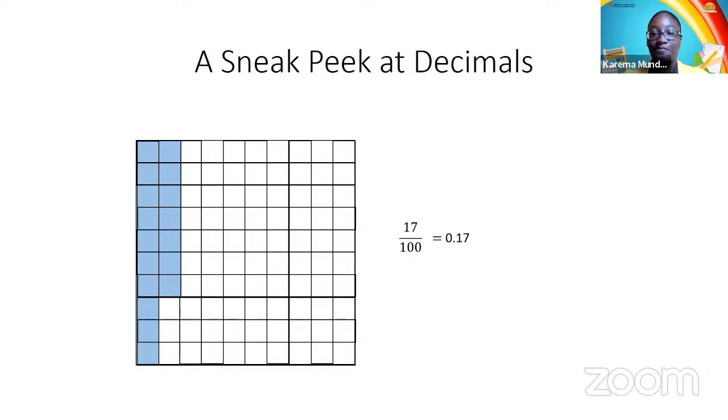Mrs. Mundell Thomas, you're saying that those two numbers on the board are called in exactly the same way? Exactly the same way. They are written differently, but they are pronounced or named the same way. The name is the same. 17/100 is equal to 0.17.